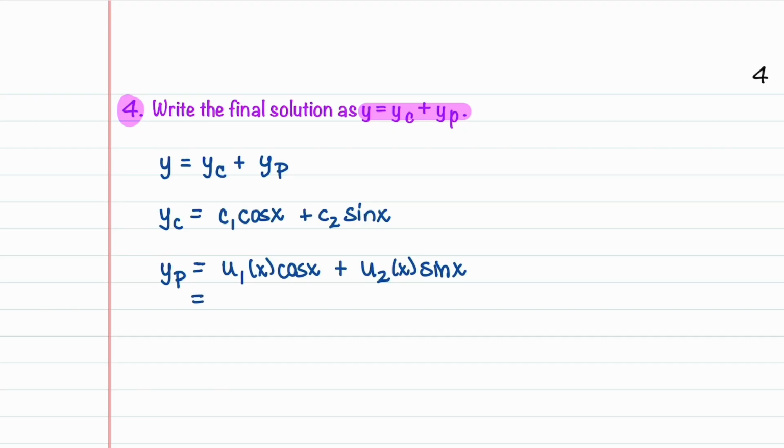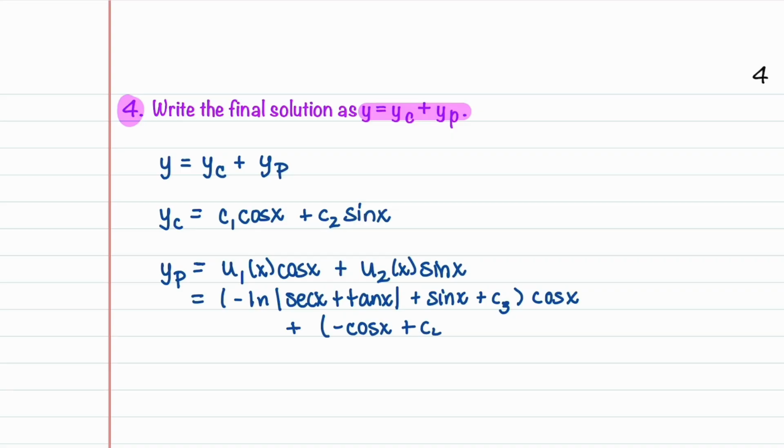Now let's go ahead and substitute in u1 and u2. From our last page, we found that u1 was minus natural log absolute value secant x plus tangent x, and then we had a plus sine x plus C3. And this gets multiplied by cosine x. And then let's add on u2. That was minus cosine x plus C4 times sine x.